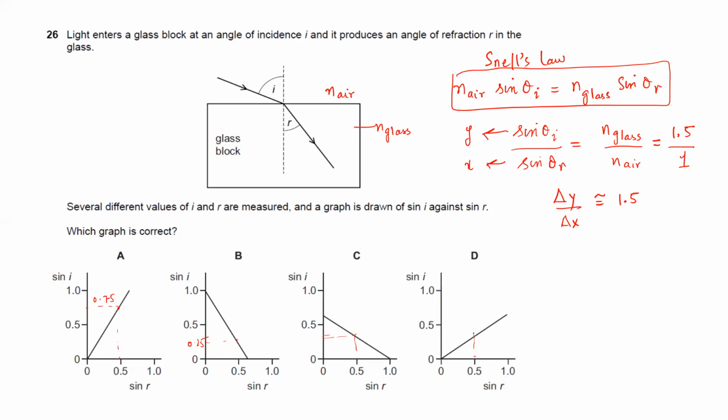So this slope, delta y by delta x, is 0.75 divided by 0.5, which is 1.5. So the first graph is the best answer. For the next, 0.25 divided by 0.5 is wrong, it is less than 1. Again, this is also less than 1. So this part A will be the best solution, and that is the answer we'll be selecting.